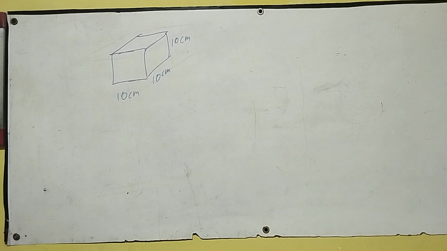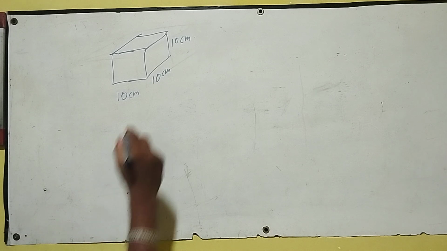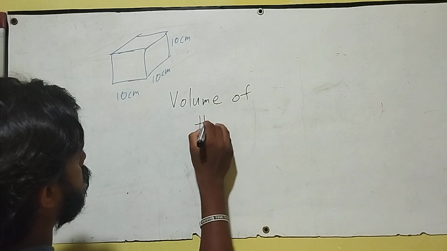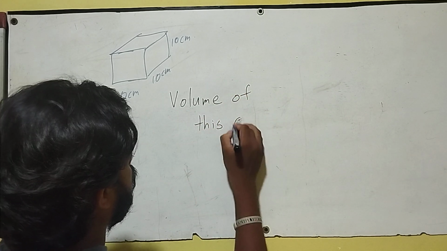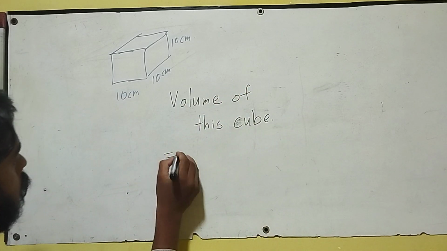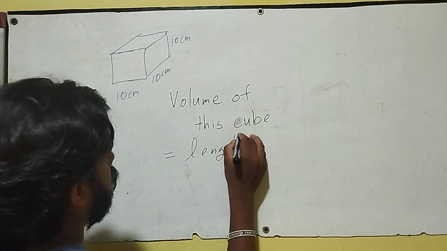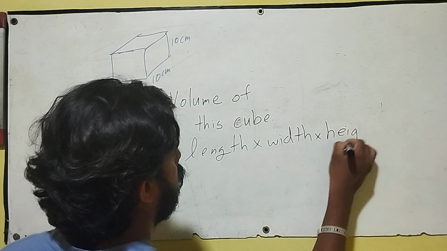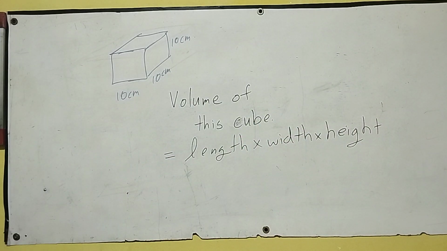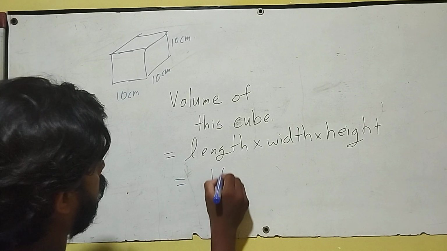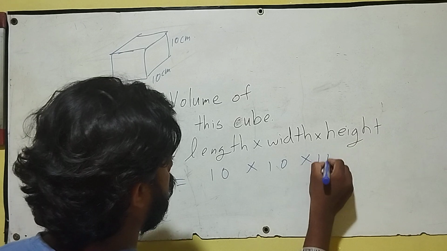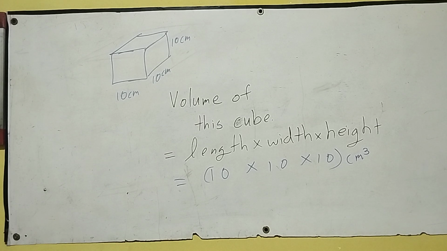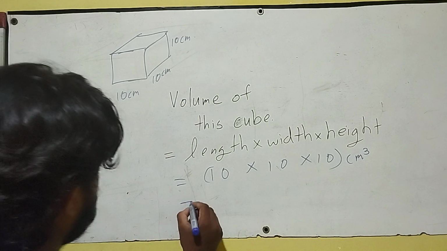For the volume of this cube, length multiplied by width and height: 10 by 10 by 10.